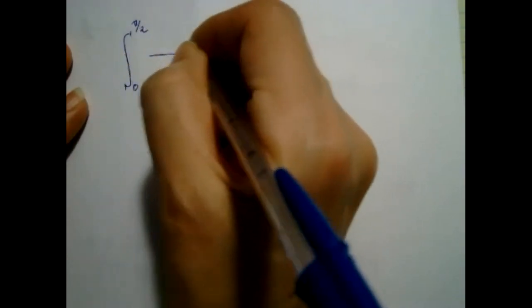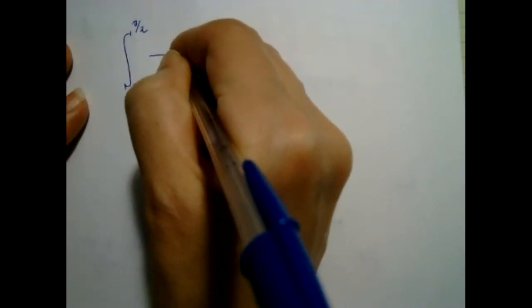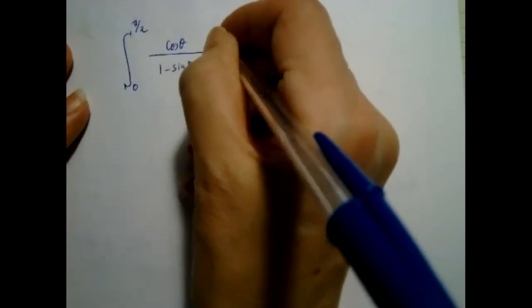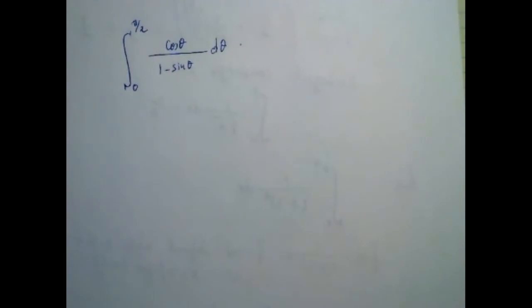Suppose I take the following, the integral from, sometimes we don't see the integral as pi over 2, for example, of d theta. And the question is, is this an improper integral? Yes or no, justify.